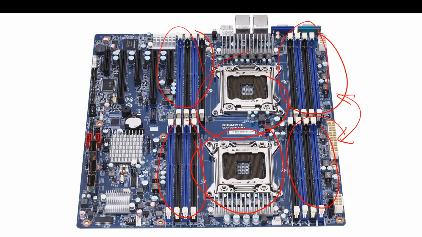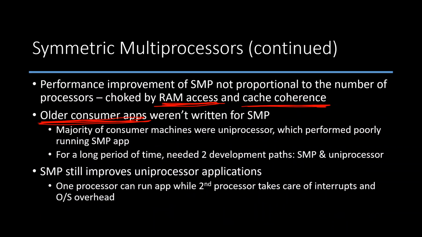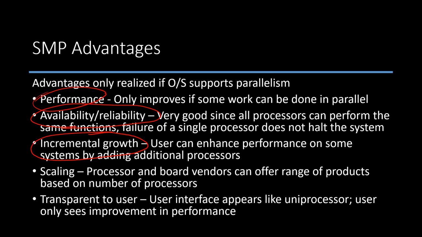You could have bought this system and only populated one socket, and when you had enough money later on, populate a second socket. Or if you've got one that has many more sockets, you could grow incrementally from there. So as long as the operating system can detect the appearance of newer cores, yes, you do have incremental growth, but it's not nearly as flexible as a cluster, being able to plug new machines into a network.